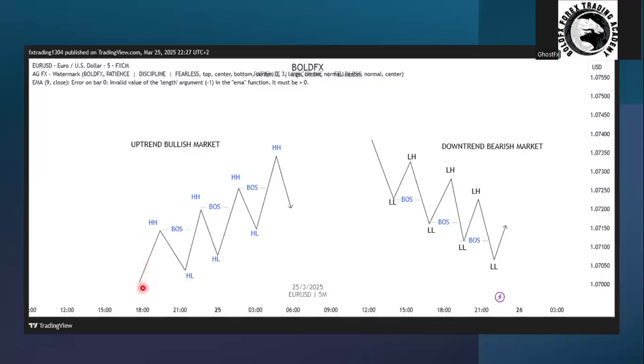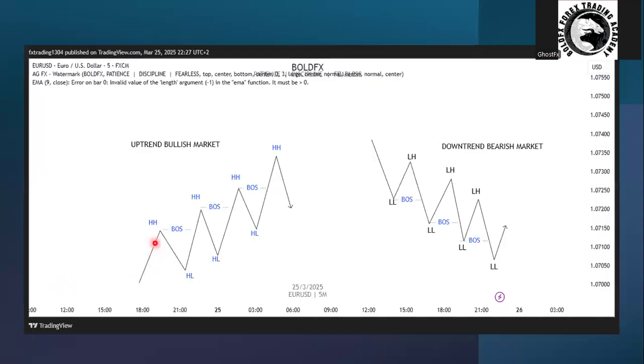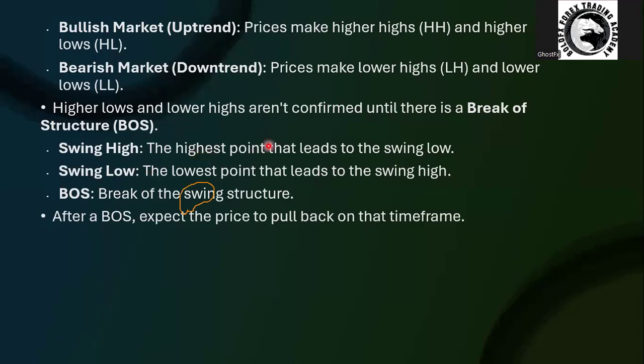So this is simply what I meant in the previous slide, that in a bullish market, price is simply making a series of higher highs and higher lows. So as I indicated, a swing high is simply the highest point, let me just mark it out, which is the highest point that leads to the swing low.